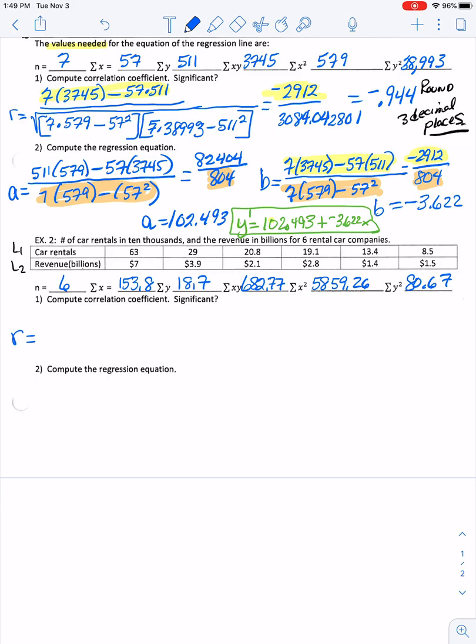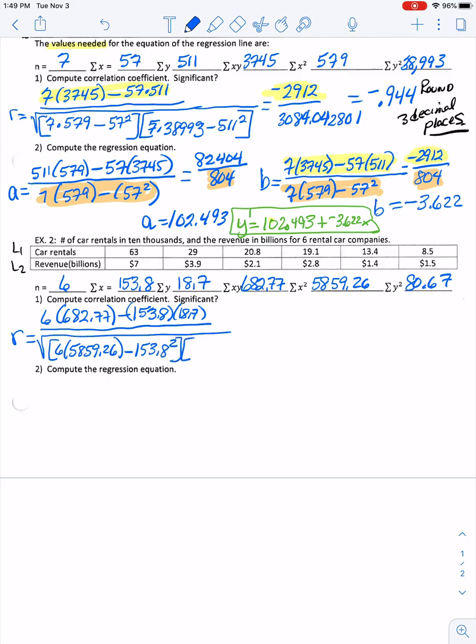All right, next up, we shall fill in to calculate the correlation coefficient, R. On the top for R, we should do a 6 times 682.77. In fact, you can stop the video and try this yourself if you want to, and then check it with mine. Minus 153.8 times 18.7. And then that's all over the square root of, and I'll put a first bracket, 6 times 5,859.26 minus 153.8 squared.